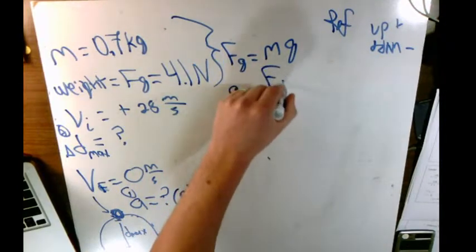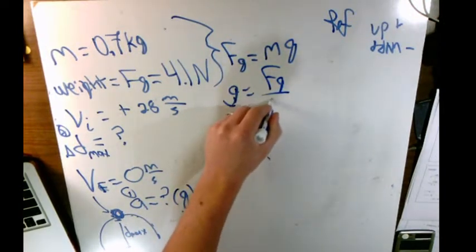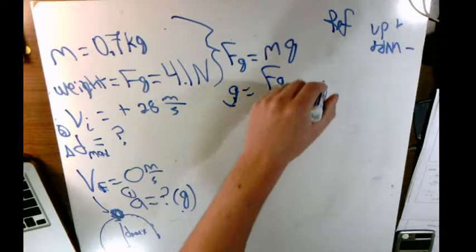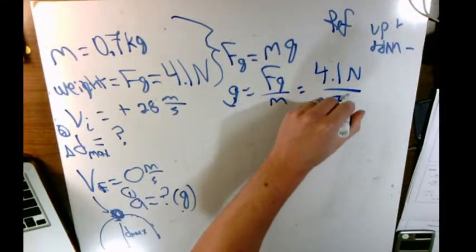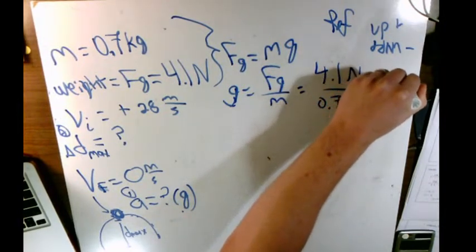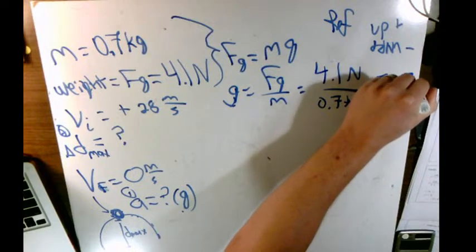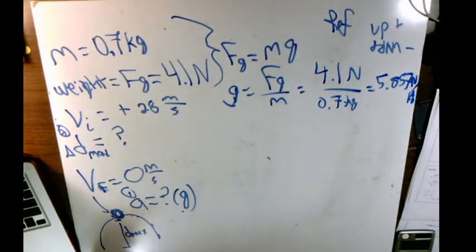So we need to take our weight, divide it by our mass. We get 4.1 newtons over 0.7 kilograms, coming out as 5.857 newtons per kilogram, which can also be our acceleration in meters per second squared.